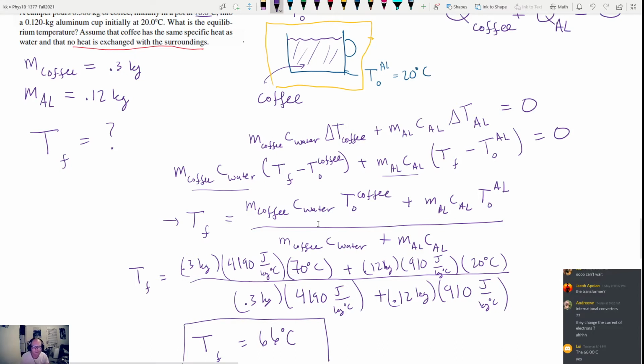All right, something to keep in mind here, by the way, is that you could do this in Kelvin. You get the exact same answer, actually, as it turns out. In this particular type of problem, because it involves a change in temperature, it's okay to do it in Celsius. But if you wanted to convert this to 313 and this to 293 Kelvin, you get an answer, and it will be whatever this is plus 273, I promise you.